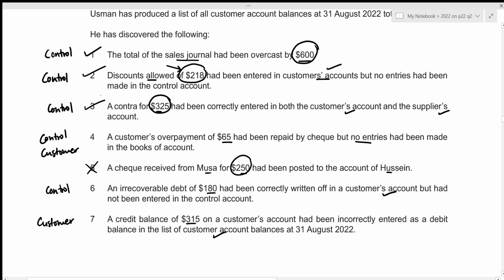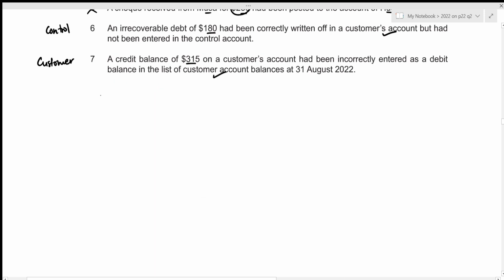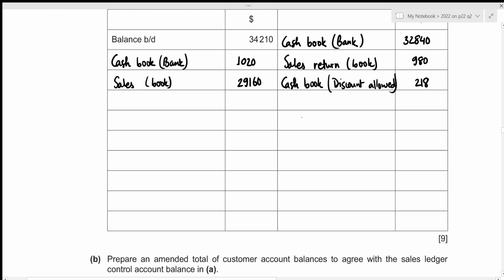So under that heading, we will be mentioning this amount of 325 on the credit side. Let's write it down. That's going to be the purchase ledger control account, and this is just the contra with the amount of 325.